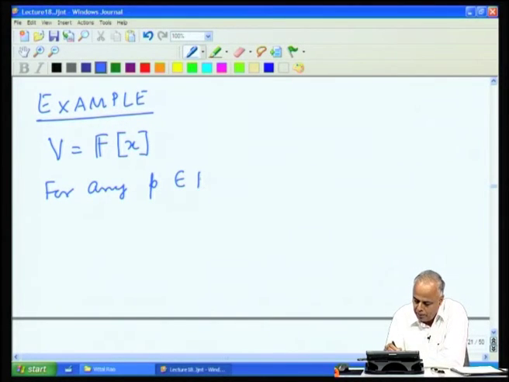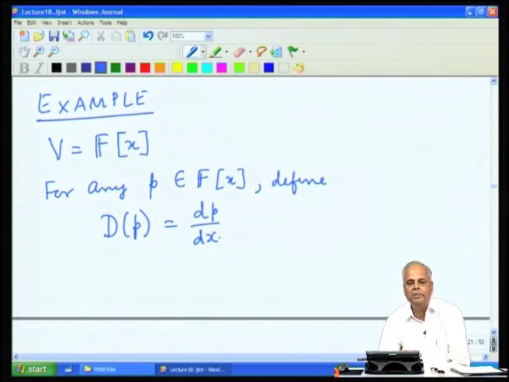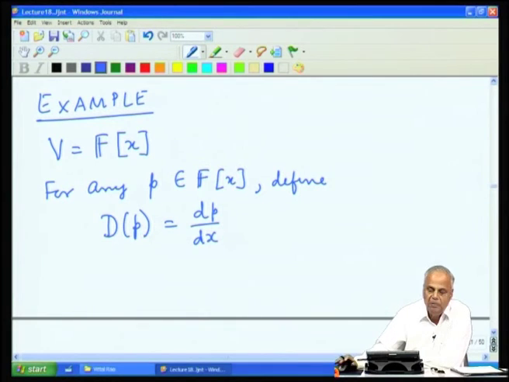For any p in F[x], that is for any polynomial, define D of p to be dp/dx. That is the derivative, that is why we use the symbol capital D. So, the transformation that we are thinking of now is differentiation.